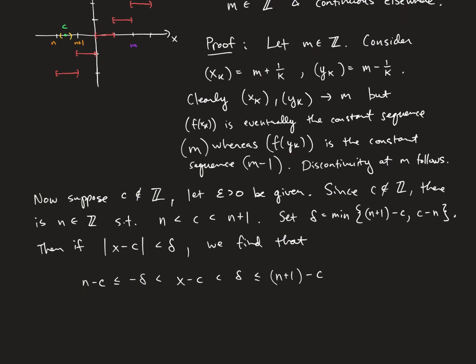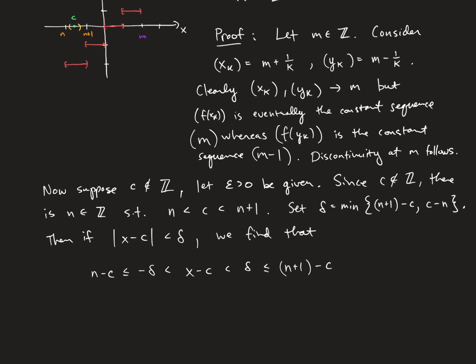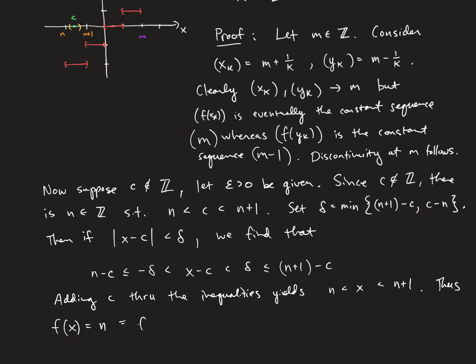And so what we can do is then add c. So adding c through these inequalities yields n less than x less than n plus 1. Thus, f of x is equal to n, which is the same thing as f of c. So the difference between f of x and f of c is just equal to 0, and that's less than epsilon.